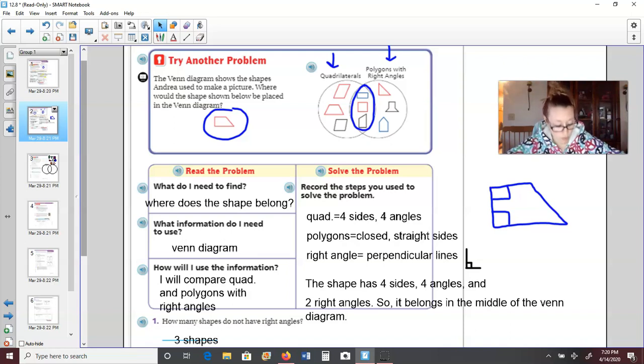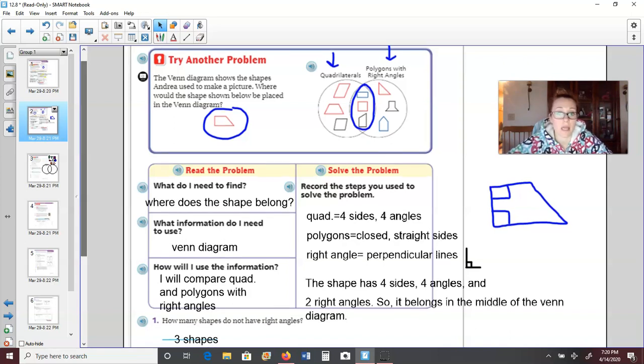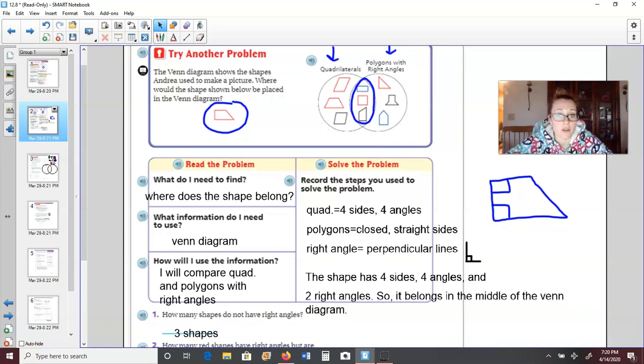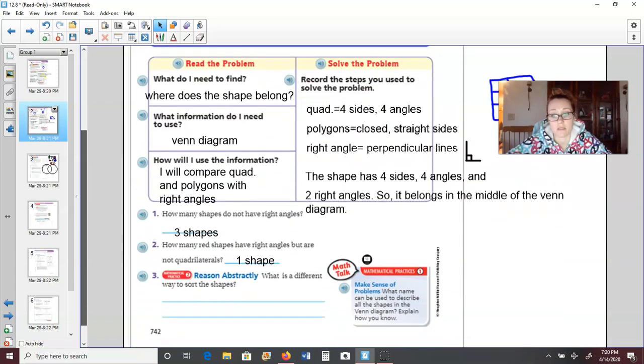So we could sort maybe by polygons that have parallel sides, and then polygons that have right angles, and then maybe polygons that have both, because there are a few that have a right angle but also have parallel sides.